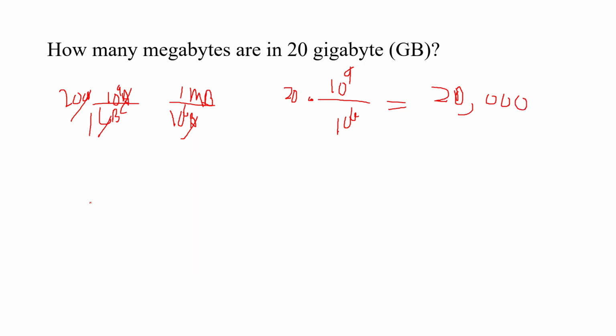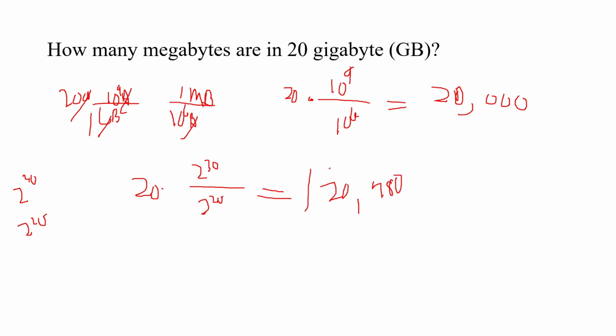In powers of 2, gigabytes is 2 to the 30 and megabytes is 2 to the 20. So we have 20 times 2 to the 30 divided by 2 to the 20, which is 20 times 2 to the 10th. That leaves us with 20,480. As you can see, the powers of 2 are a little different than the powers of 10.